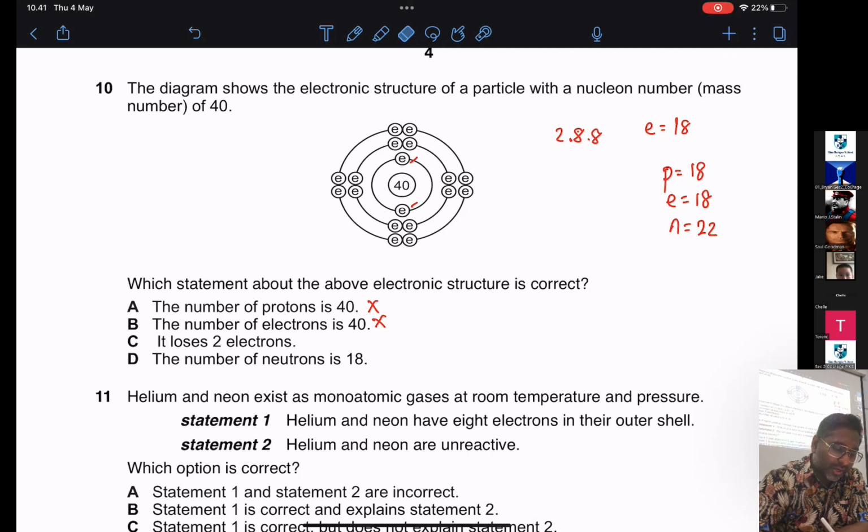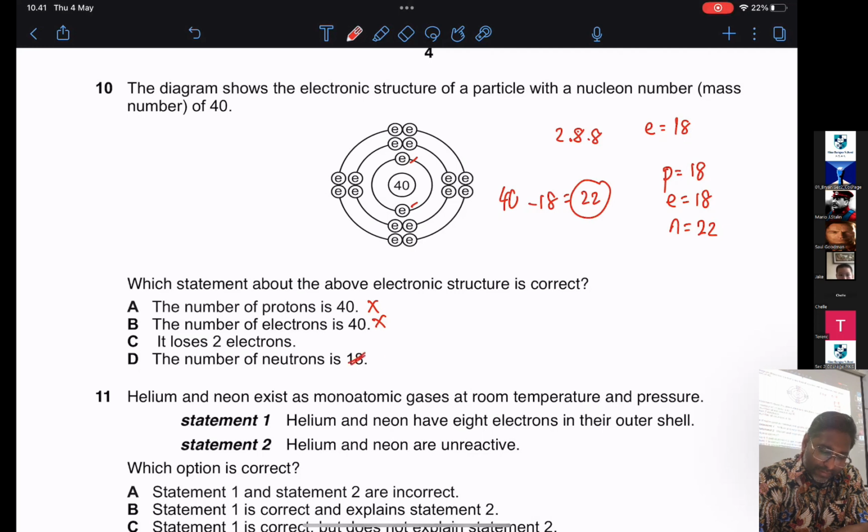Maybe this is not the actual... maybe this is not atom. Okay, this is not atom. So it loses 2 electron, possible. Okay, maybe it already lost 2 electrons. Okay, the number of neutron is 18.